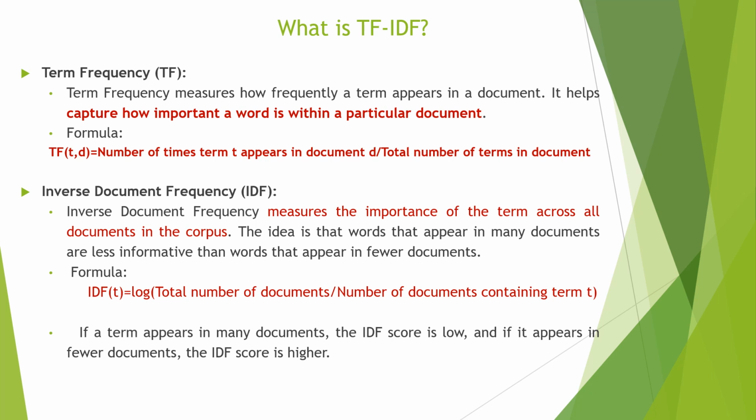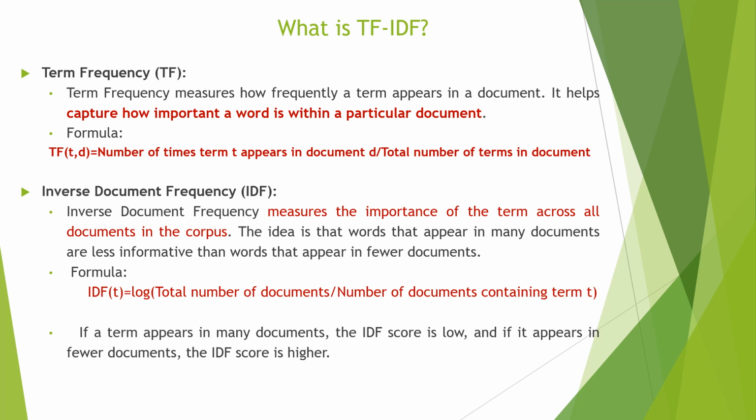Term frequency is a way of capturing the importance of a word within a particular document. It is calculated by applying this formula: the number of times the word appears in the document divided by the total number of terms in the document. For inverse document frequency, we calculate the log of the total number of documents divided by the number of documents that contain term t.